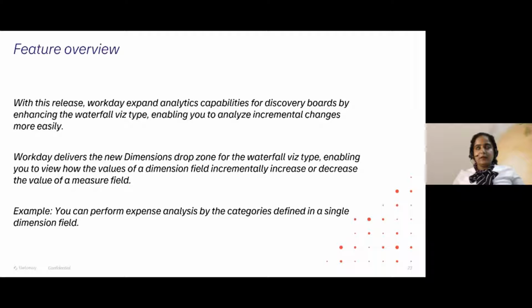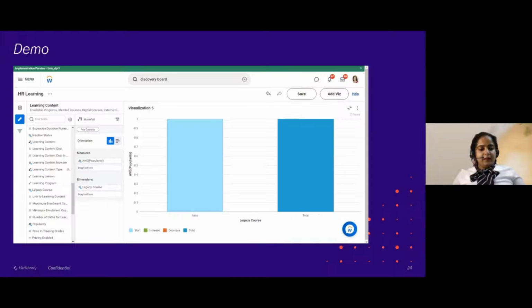So we can put the field values either as dimensions or measures. I will take you through the demo as well. But as you can briefly see, this is the waterfall viz type, and these are the measures and the dimensions, but I will give you a demo in a bit.